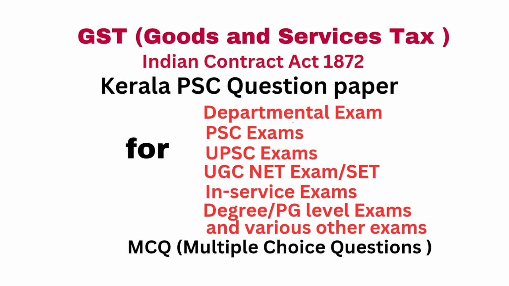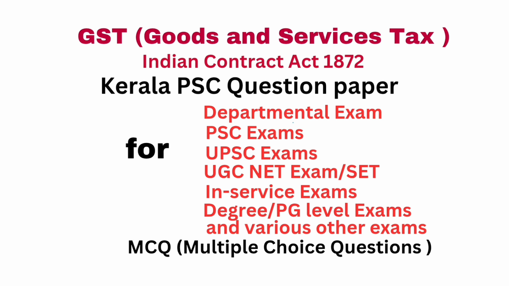Question number 63. The positive assertion, in a manner not warranted by the information of the person making it, of that which is not true, though he believes it to be true, is called answer misrepresentation.